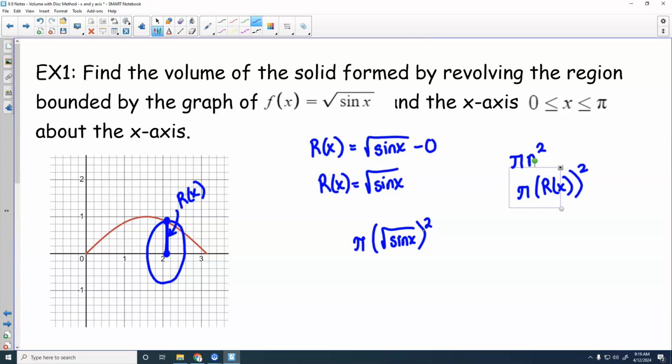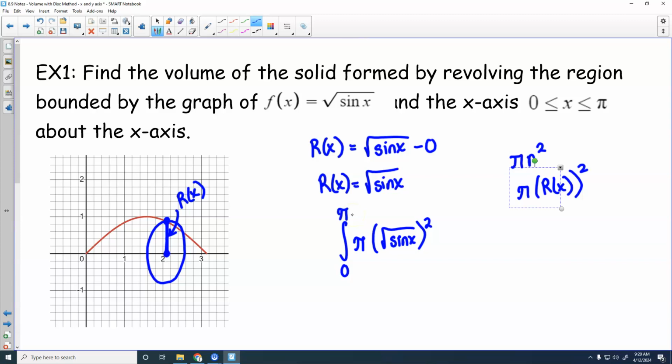Okay, that would give us the area of just that single circle, but we want to add all of the circles that will be created together, so I'll need to integrate, right? And what should my limits be? 0 to pi.